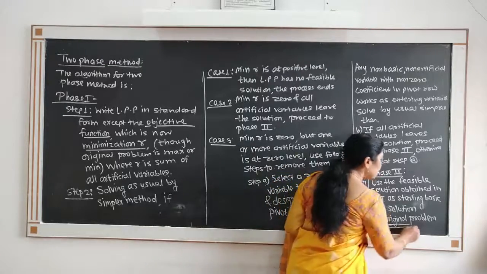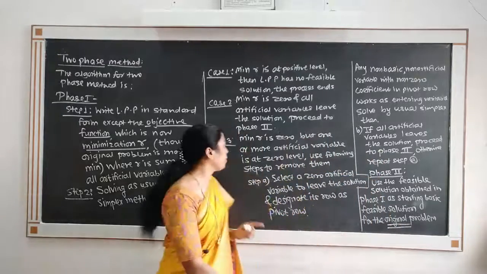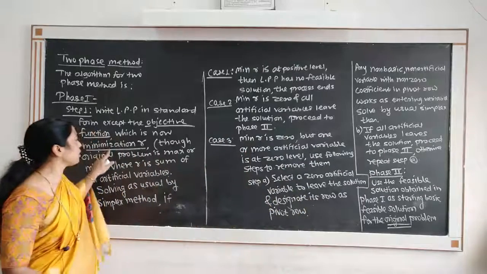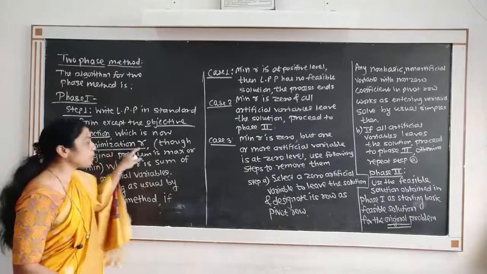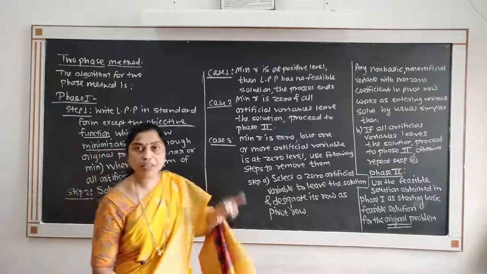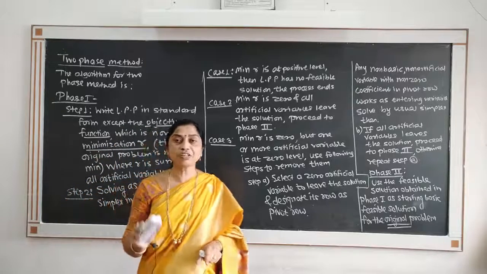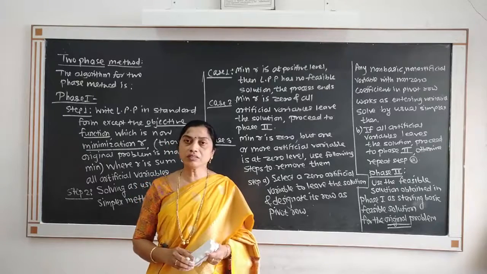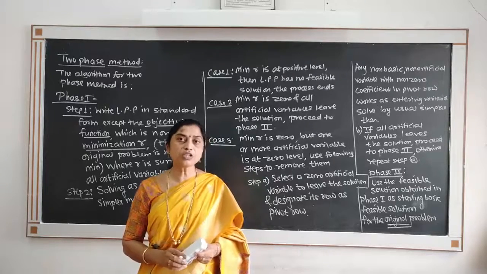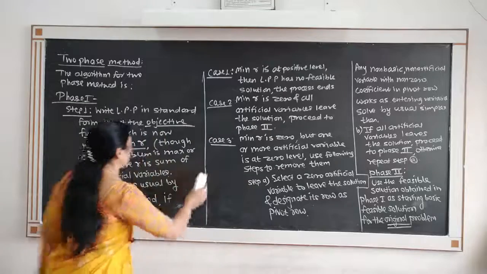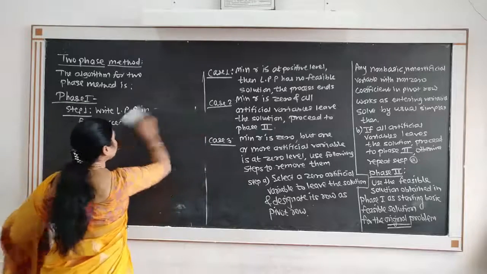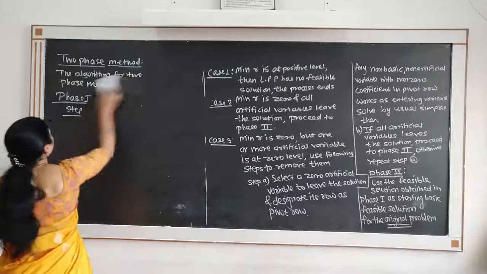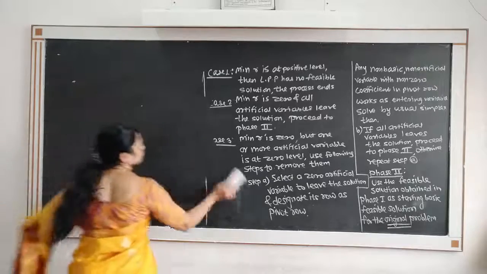Note that here we are considering the original problem. In phase 1, we consider objective function minimization R, but in phase 2 we consider whatever is the original objective function. So we will consider some examples to get the idea. Consider example 1. We are solving it now by two-phase method.